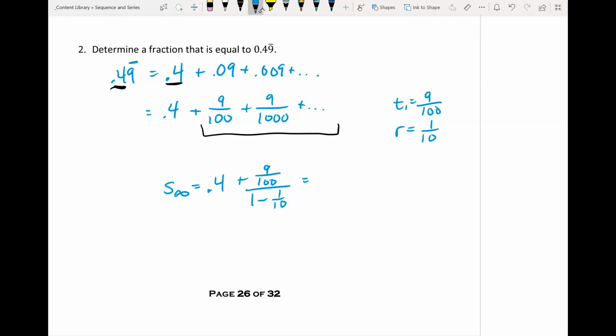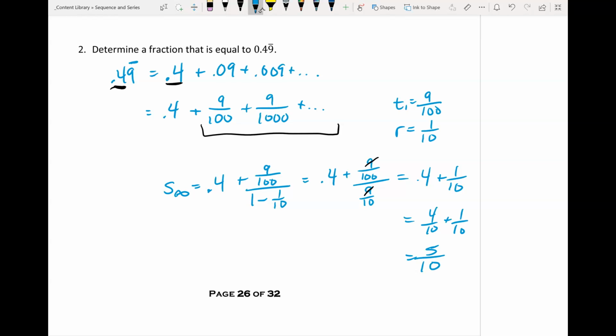And then I can simplify this and see if I can rewrite this as a fraction. So then we have 9 over 100 over 9 over 10. Seems like our 9s are going to cancel out here. We're going to be left with 0.4 plus 1 over 10, which is 4 over 10 plus 1 over 10, which is 5 over 10.